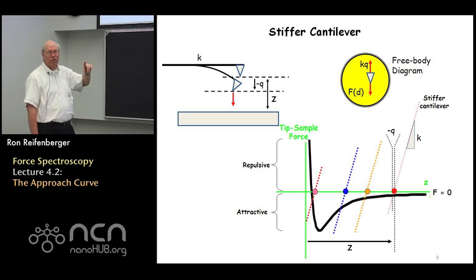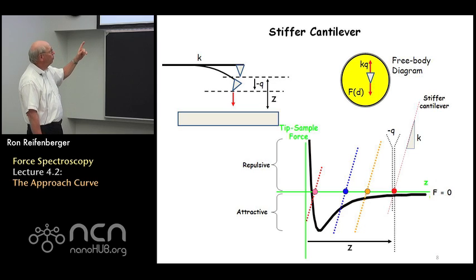And because it intersects at only one point, you will not experience this jump to contact phenomenon. Basically, the slope of the cantilever never matches the slope of the force versus distance curve, so the jump to contact will not occur.